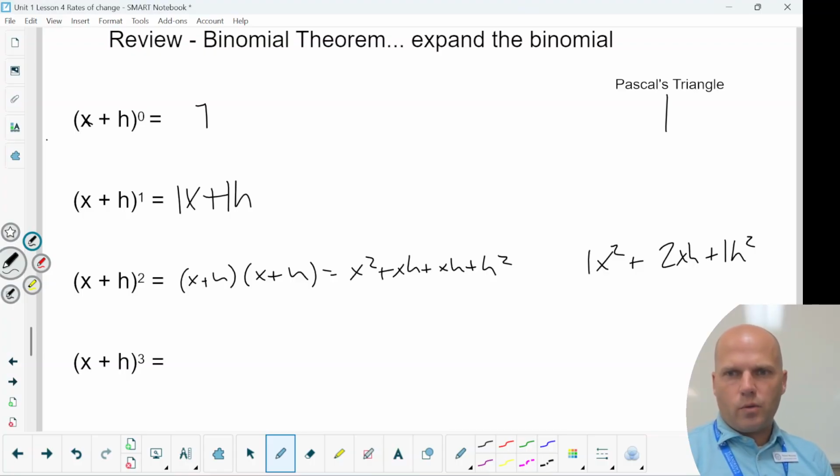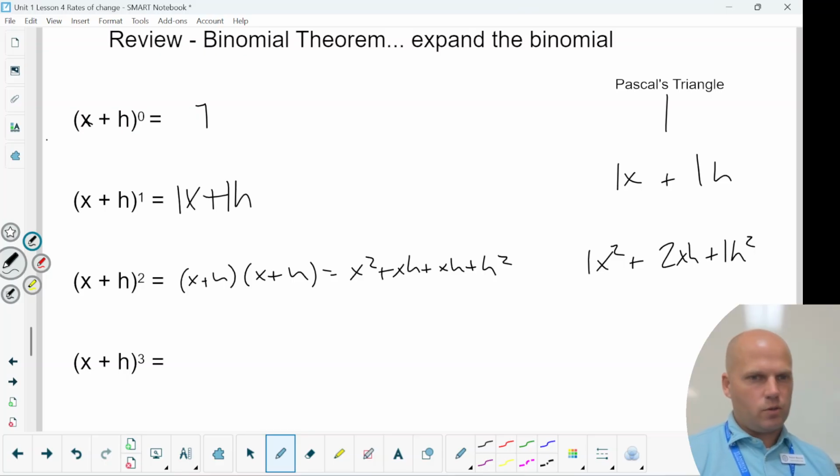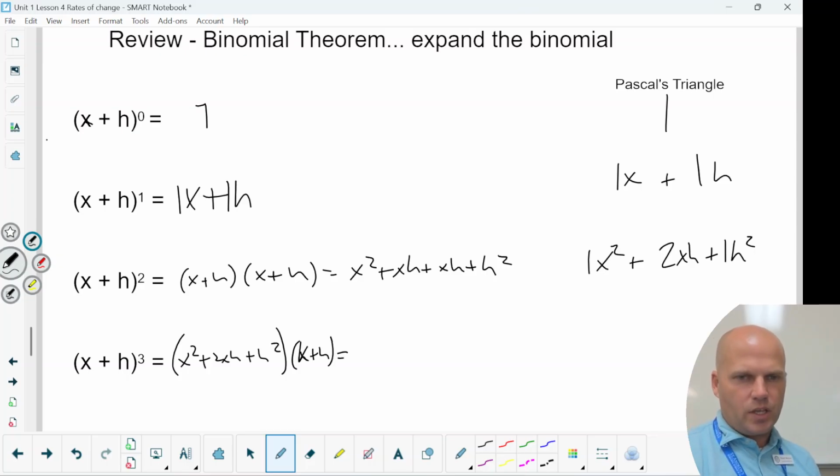So we can see this 1, we can see this 1x plus 1h. Now we have 1x squared, 2xh, 1h squared. And let's multiply that by an x plus h. We probably won't do it in class. We probably won't do it here.